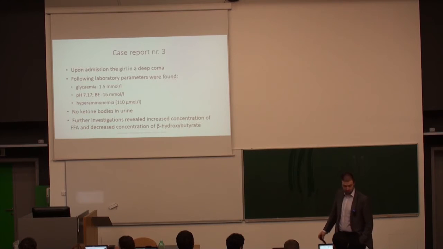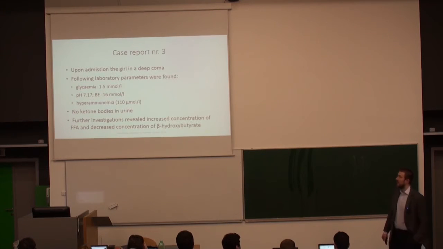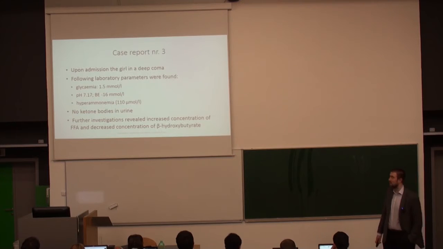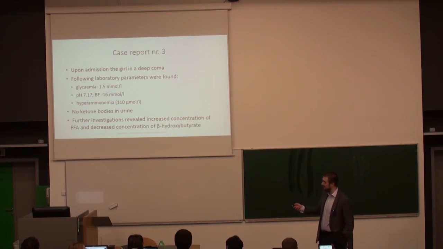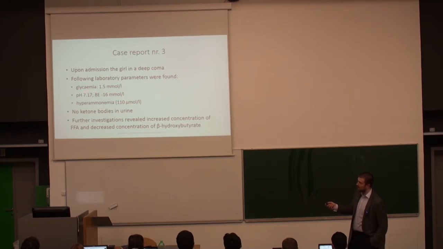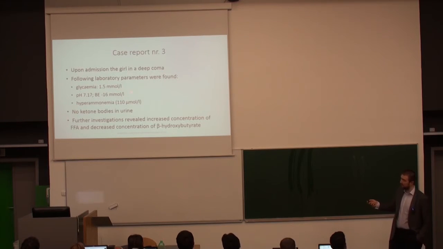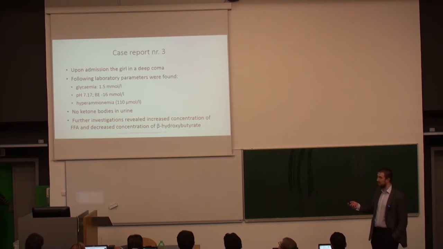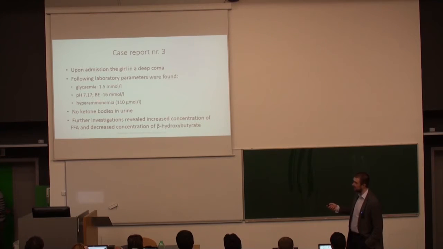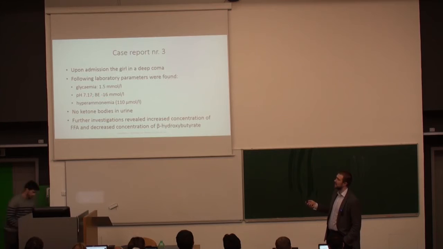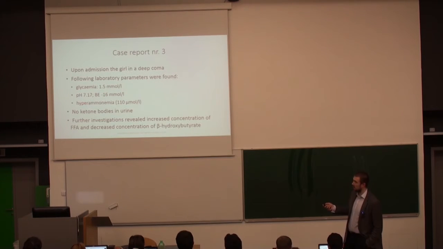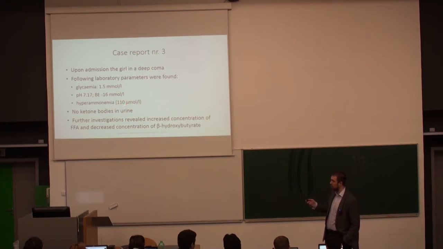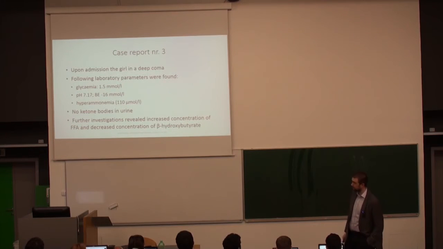Therefore, she was taken to the intensive care unit and diagnosed with a deep coma, and you measured these values. Glycemia was 1.5, pH was 7.17, base excess was low, -16, and there was hyperammonemia, around 110 micromoles.